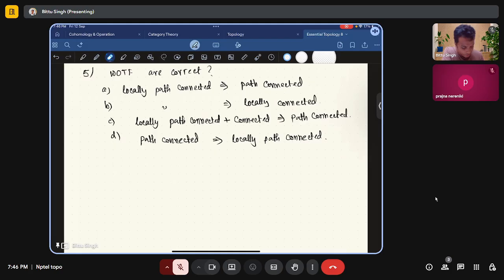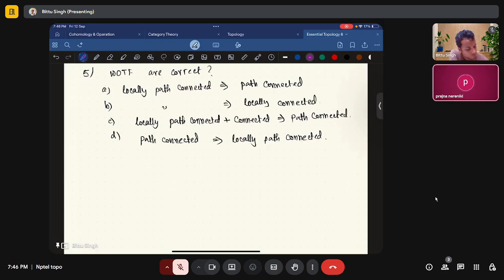Now, again, which of the following are correct? Okay. So, locally path connected implies path connected. Is it true?